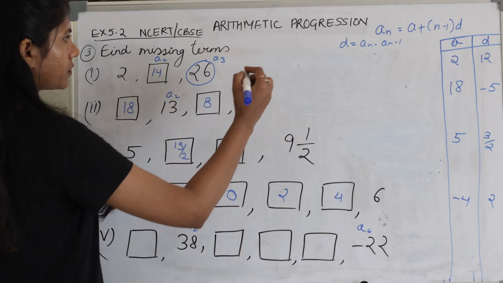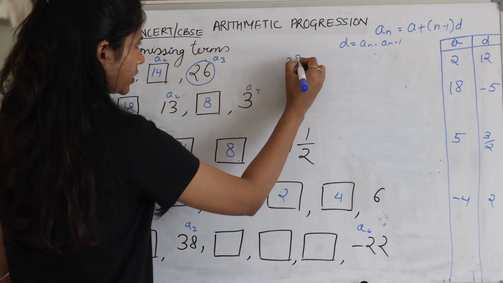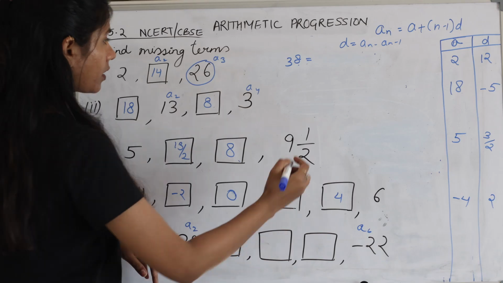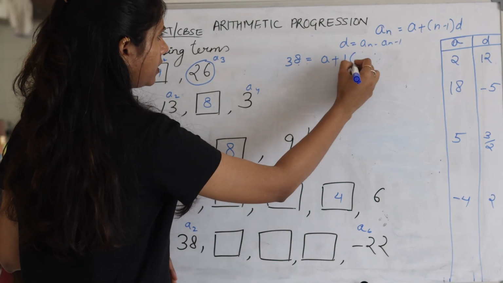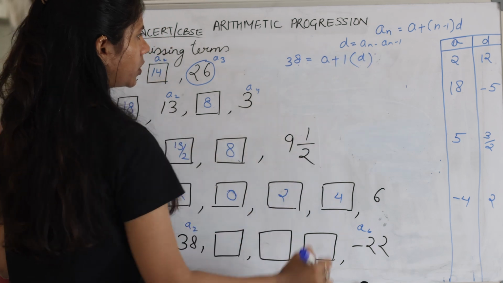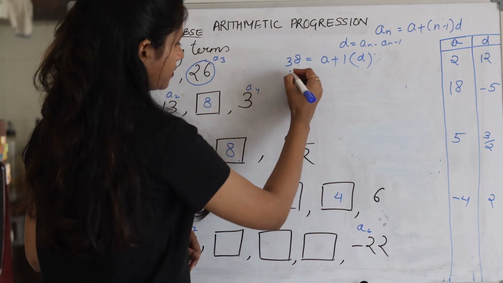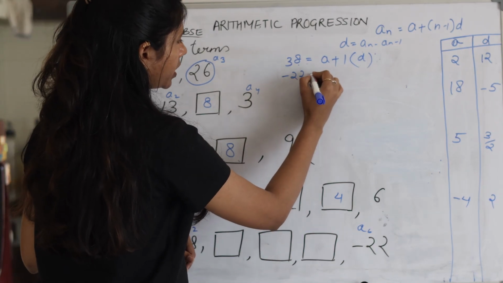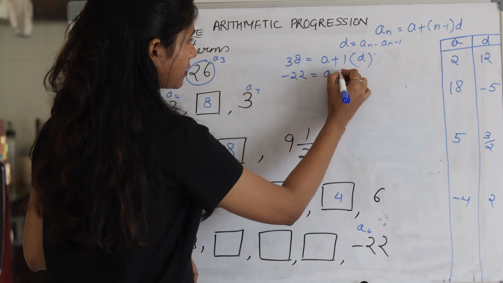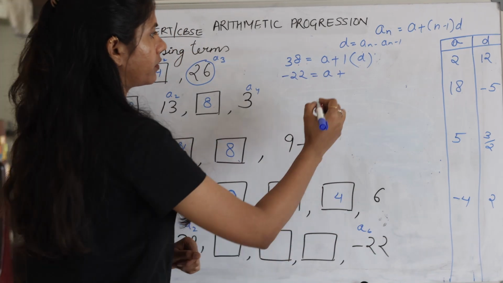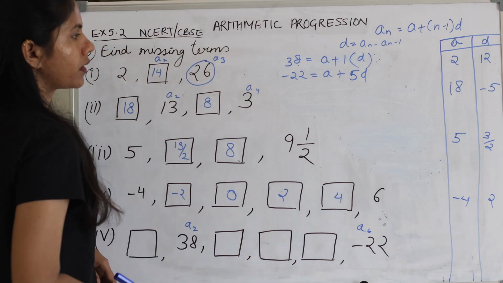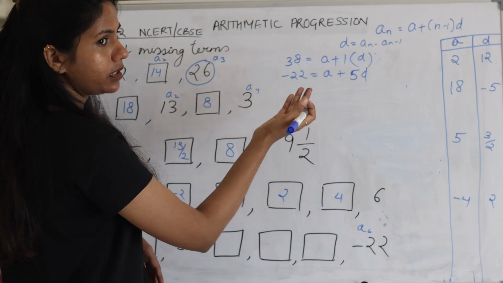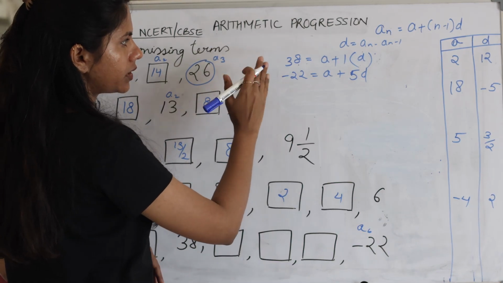So A2 equals A plus n minus 1, 1 D. A6, minus 22, equals A plus n minus 1, 6 minus 1, 5D. Simple. Now make the variable in terms of the other variables.